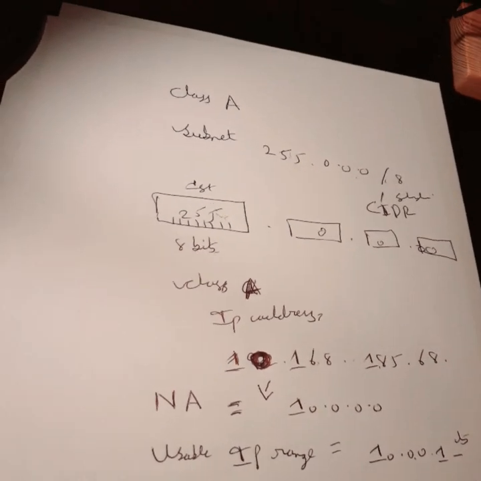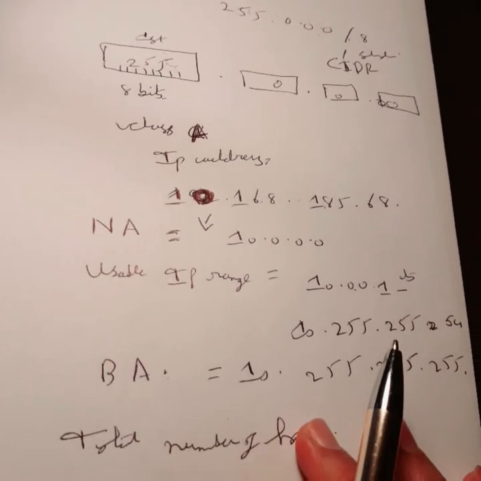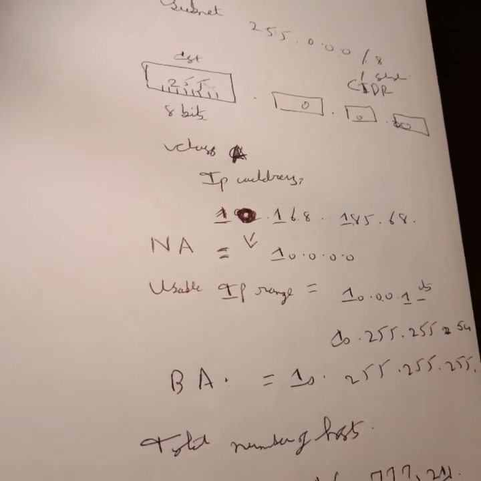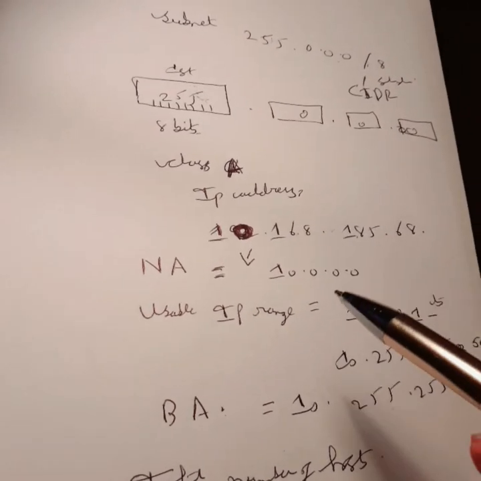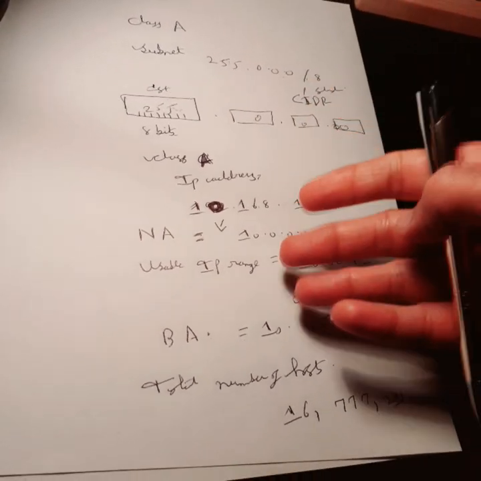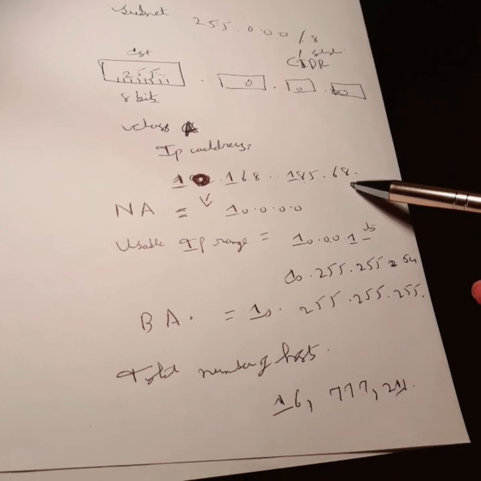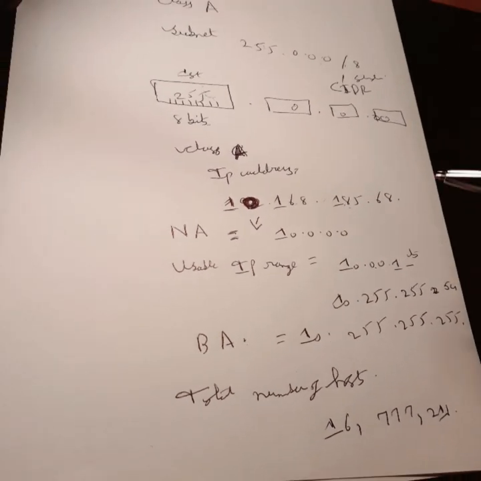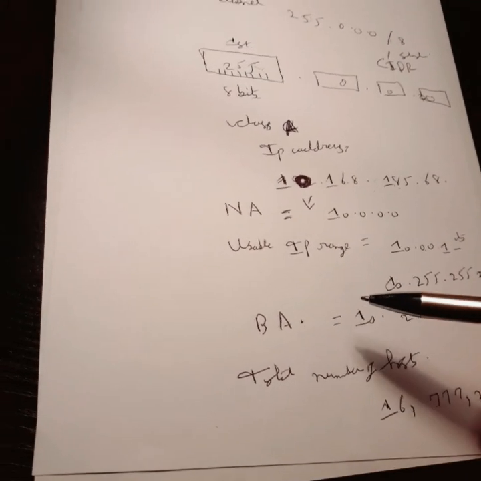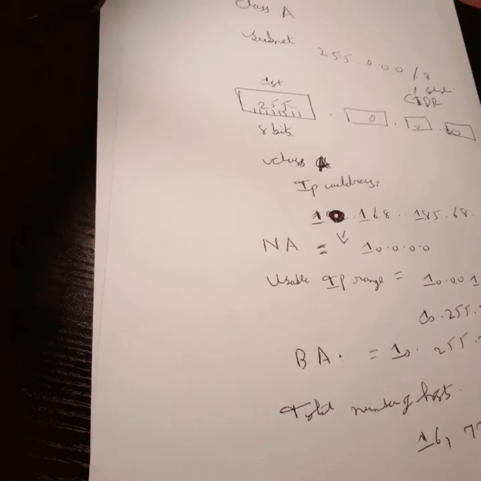Now, as I had a video before on private IP addresses, an engineer should know that this range of that particular IP address is a private IP address that you'll be using for your internal network. Remember that.